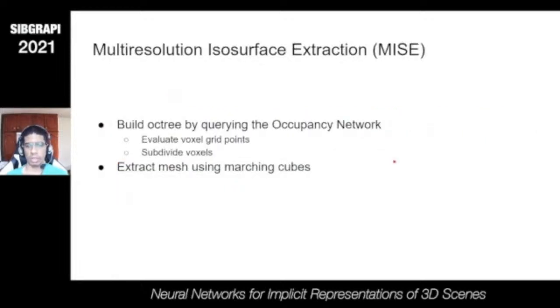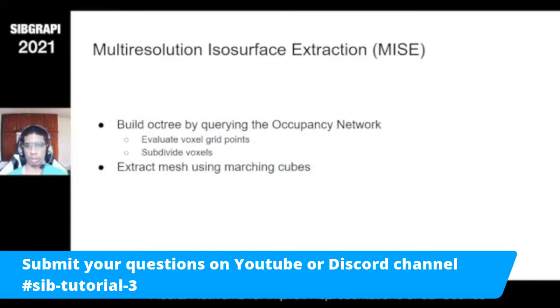Okay, after you have the trained network, you can actually compute the occupancy for your entire space. So if you want to render and visualize the model, you can use this multi-resolution isosurface extraction. And this is actually also quite simple.